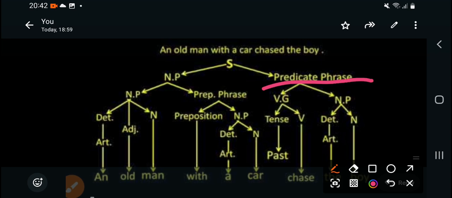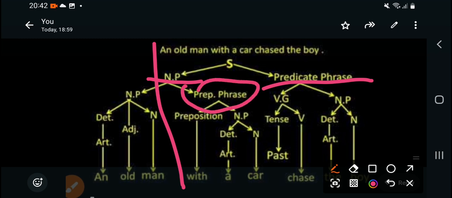So then an old man. Okay, now predicate phrase. So then with a car, an old man, that is a noun phrase. Remove the noun phrase, but there is another phrase which is attached with the noun phrase, that is a prepositional phrase. So that is preposition, drop it, again one more phrase is attached, that is a noun phrase.